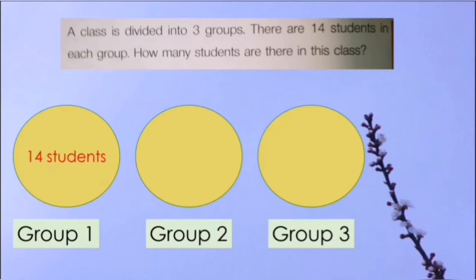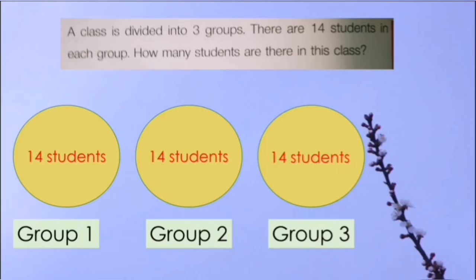There are 14 students in each group, meaning in one group there are 14 students. So for group 1 we have 14 students, group 2 we also have 14 students, and group 3 we also have 14 students. The question is, how many students are there in this class?